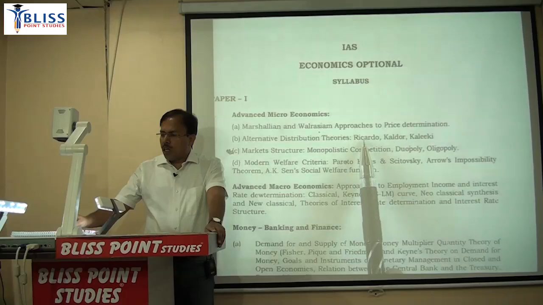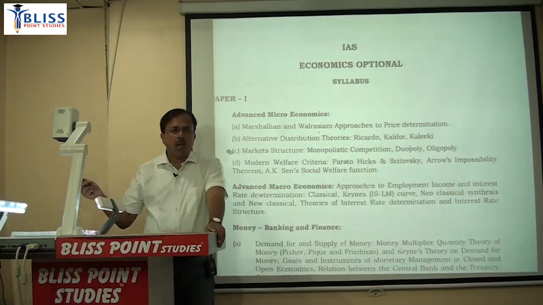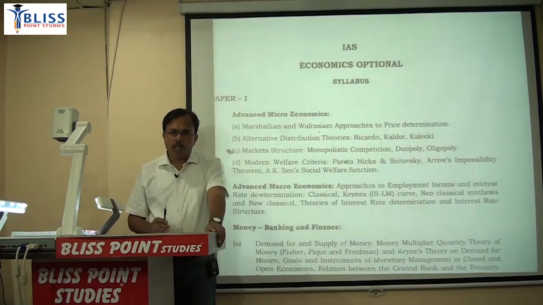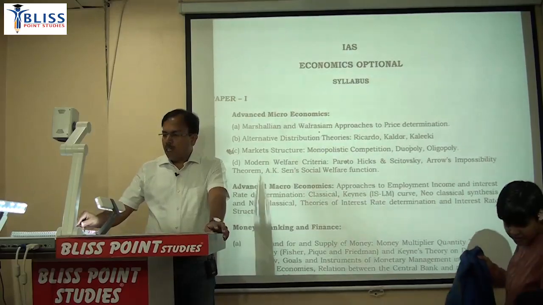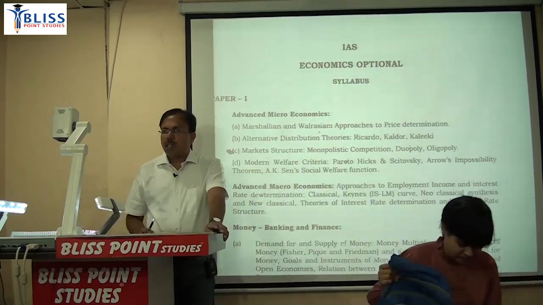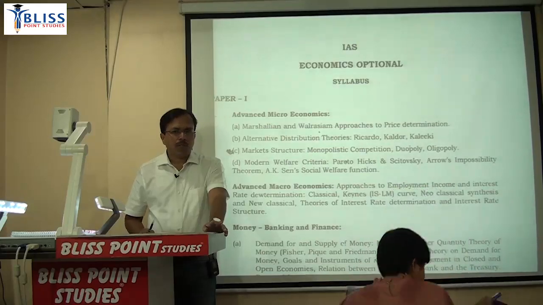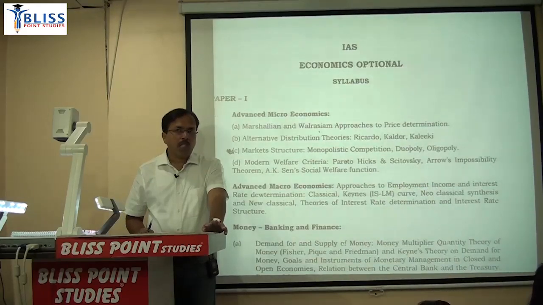Distribution theories include Ricardo, Kaldor, Kalecki plus marginal productivity theory and other aspects, and generally there is 1 question from that section. But in market structure, you will get at least 3 to 4 questions every year. And 3 to 4 questions means around 40 to 50 marks at least.